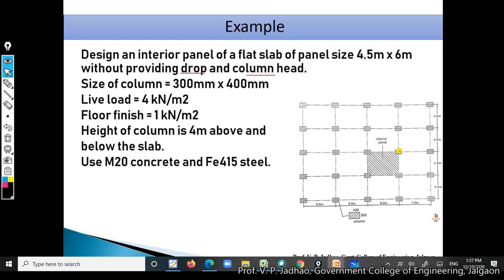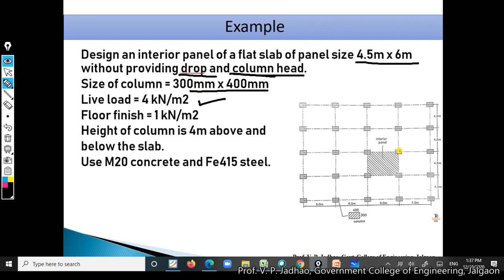Design an interior panel of a flat slab of panel size 4.5 meter by 6 meter without providing any drop and without column head. So we don't have to provide either drop or column head. The size of columns is 300 mm by 400 mm.